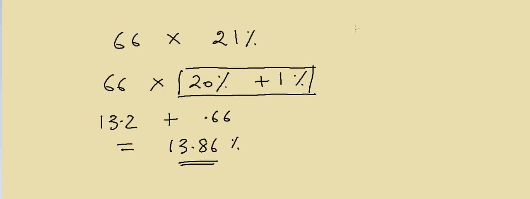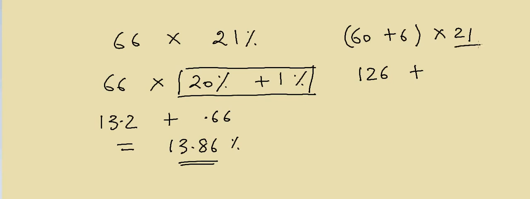So let me do it this way: 60 plus 6, multiplied by 21%. 60 times 21%, that is 12.6, and 6 times 21% is 1.26.